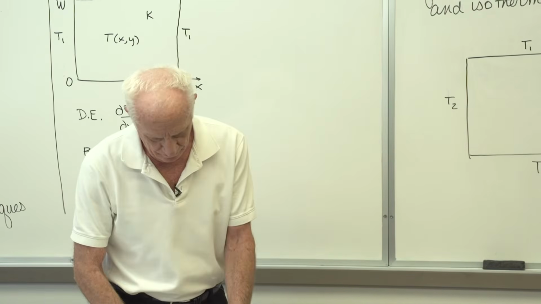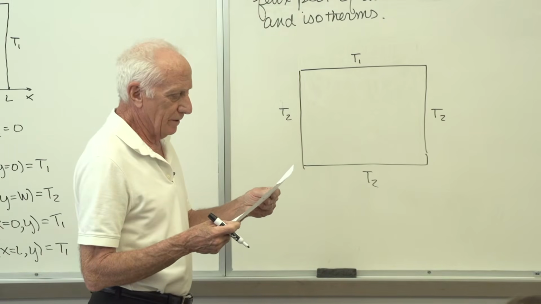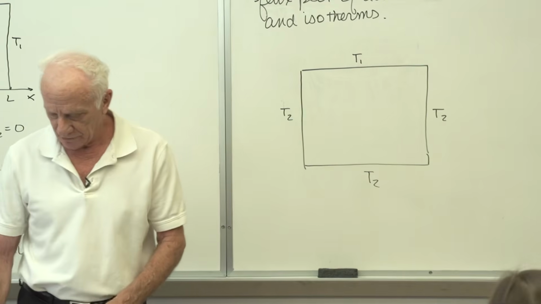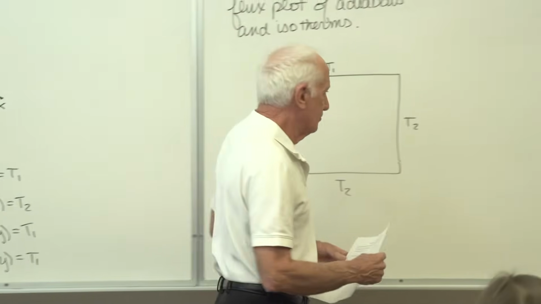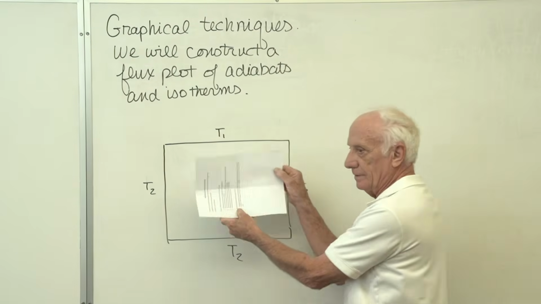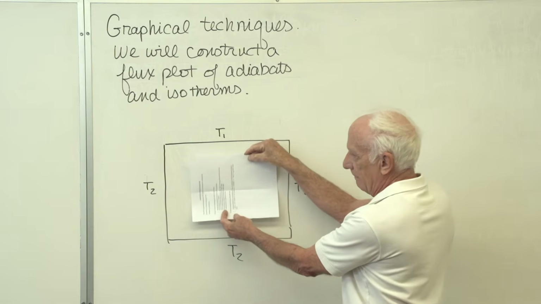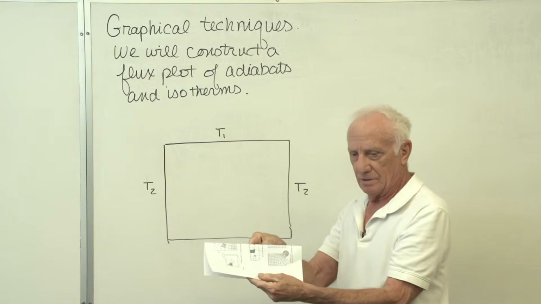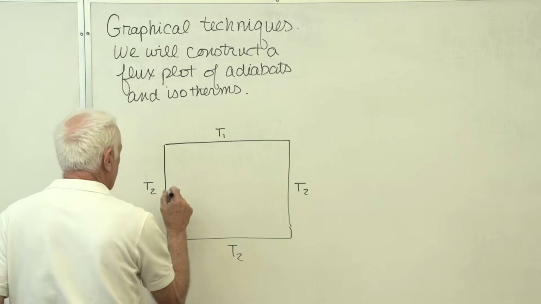Okay, so here's rule number one. Identify lines of symmetry, geometrical and thermal. Let's do the geometric. Here's the plate, like that plate over there. If I fold it this way, it's geometrically symmetrical. So I know one possible line goes through the middle like this.